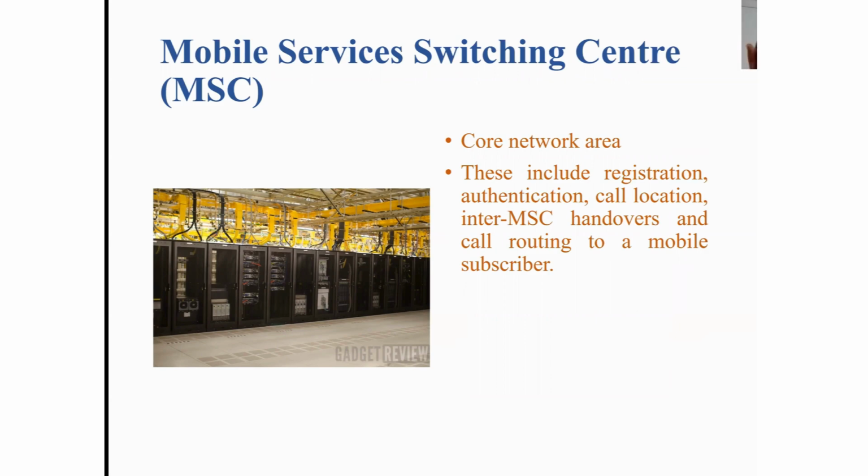That's why we call the MSC the core network area. Here, it includes registration, authentication, call location, inter-MSC handover, and call routing to the mobile subscribers. So the entire main process is handled in the MSC, that is the mobile service switching center.